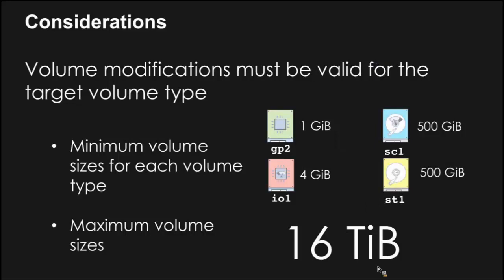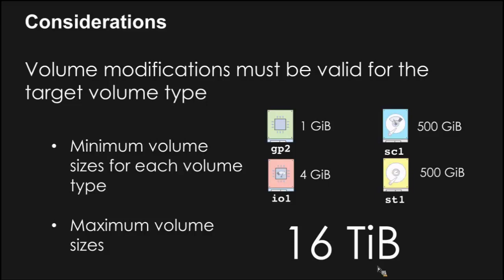So if we know the characteristics of the io1 volume, we know that the maximum ratio of IOPS to size is 50 to 1. So in order to get the 10,000 IOPS that we want, we would have to increase the size of the volume. So we would have to go to a 200 gigabyte volume.